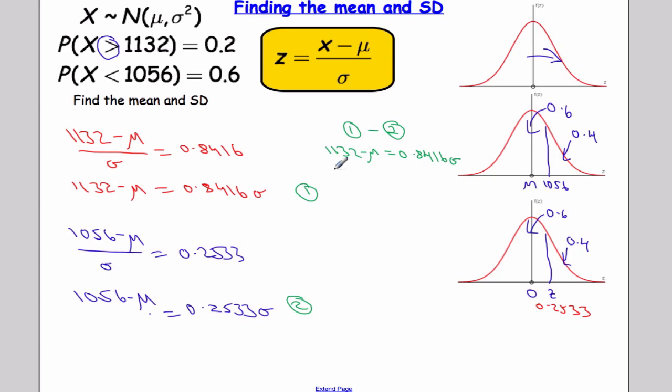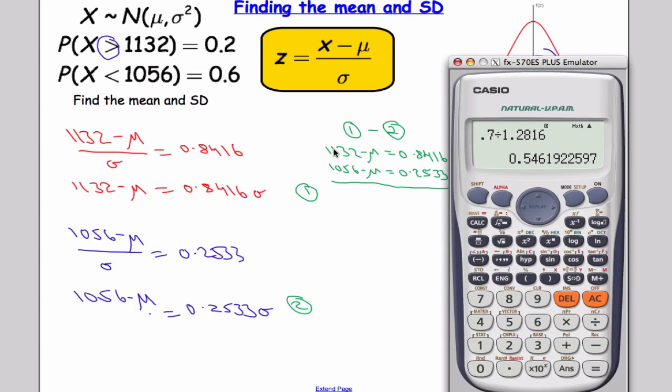Equation 2 is 1056 minus mu equals 0.2533 sigma. We're tight for space over here. Okay, so we're doing equation 1 minus equation 2.